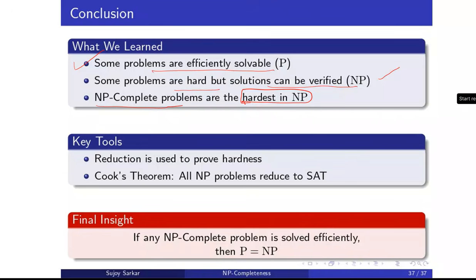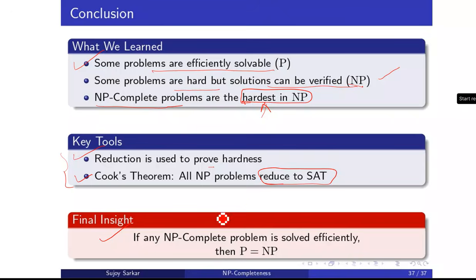The tool to prove that a problem is NP-hard, and in turn, as it is in NP and NP-hard, that it is NP-complete, is reduction. We use Cook's theorem, where he proved that SAT is an NP-complete problem, and we use reduction from SAT to a new problem to prove that other problems are NP-complete.